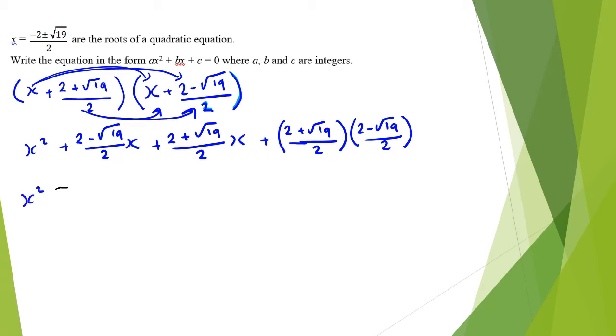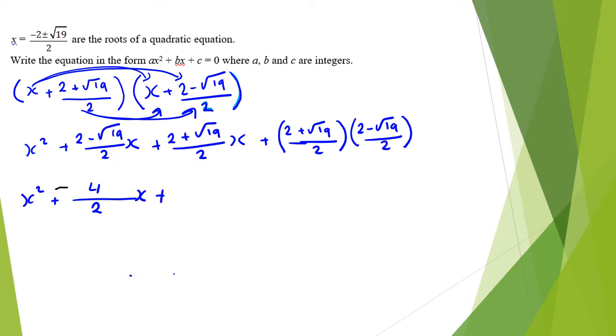So it's x squared, and for those two terms the common denominator is 4, so 2 plus 2 is 4, and square root of 19 minus square root of 19 cancels, so you end up with 4 over 2 x.